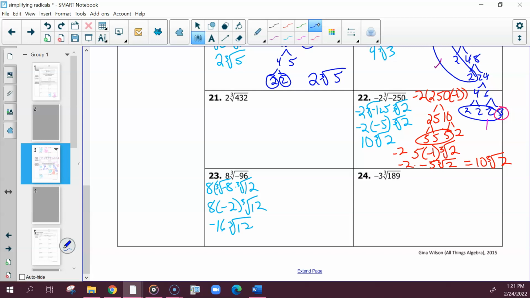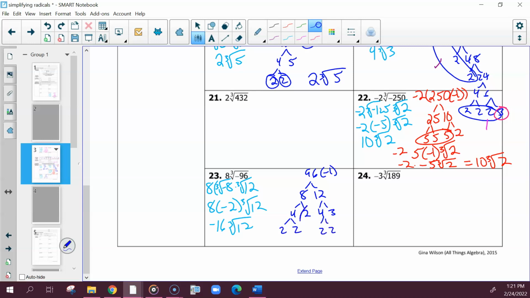But let's do it the factoring method. We have negative 96, or you can think about it as 96 times negative 1. Let's say we do 8 and 12. And we have 4 and 2, 4 and 3, and then we have 2 and 2, 2 and 2 again.